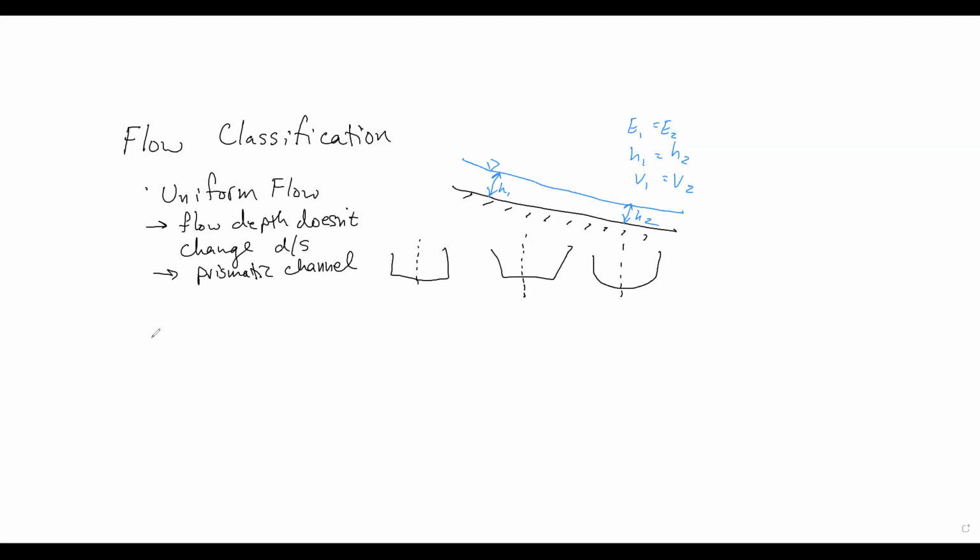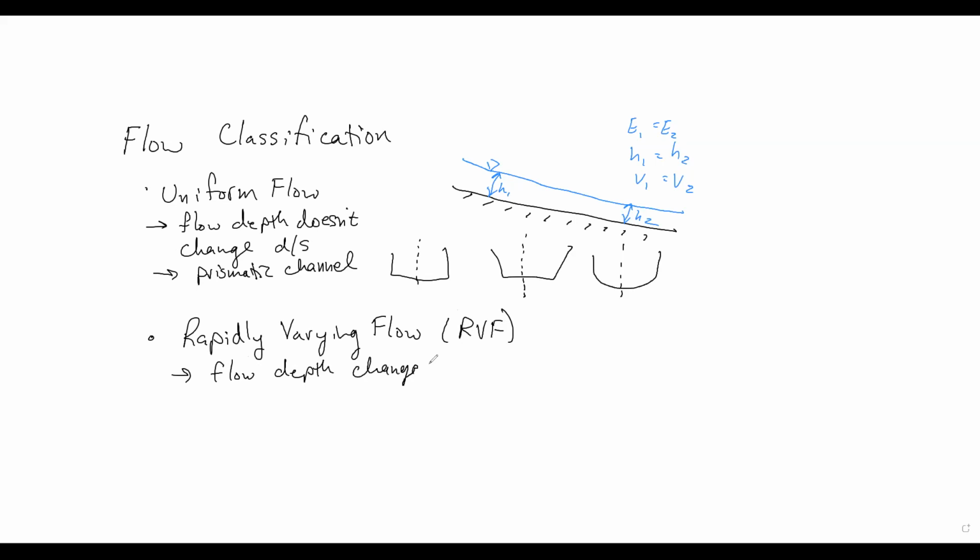So that's just prismatic. The next type of flow, and we'll talk about this on our next lecture, is called rapidly varying flow, or RVF. And for rapidly varying flow, we're saying the flow depth changes abruptly downstream.